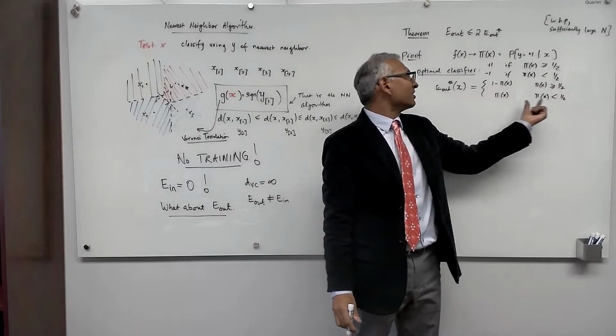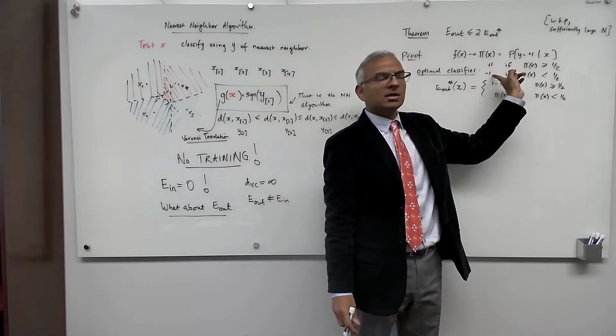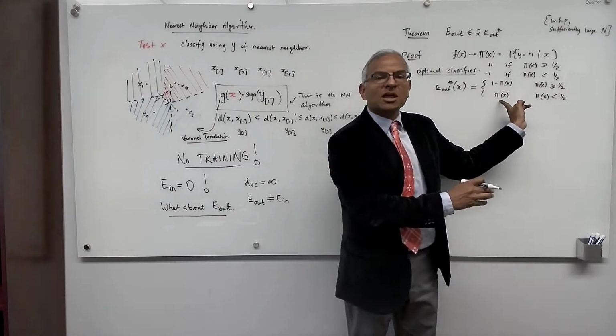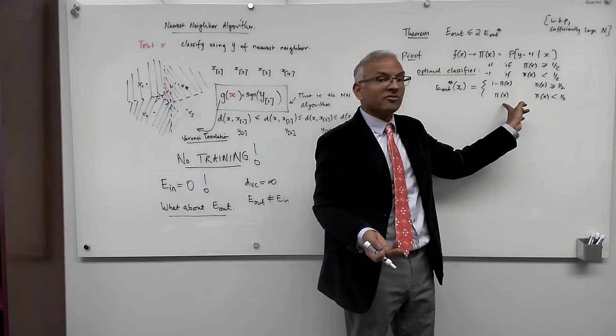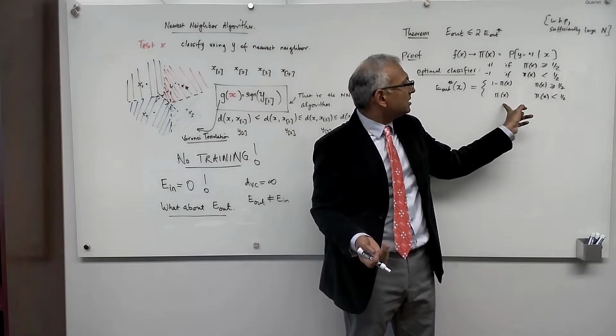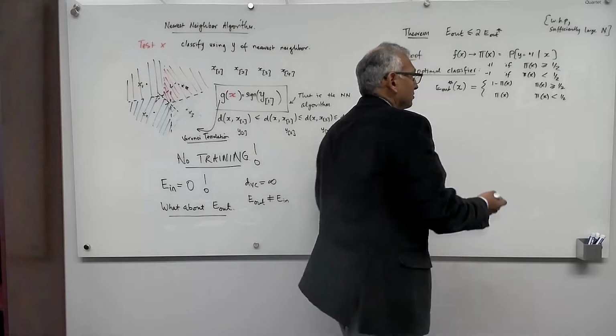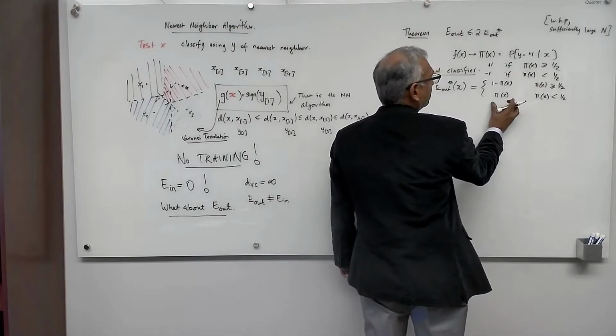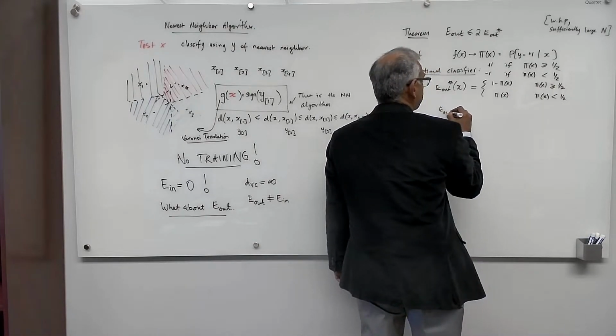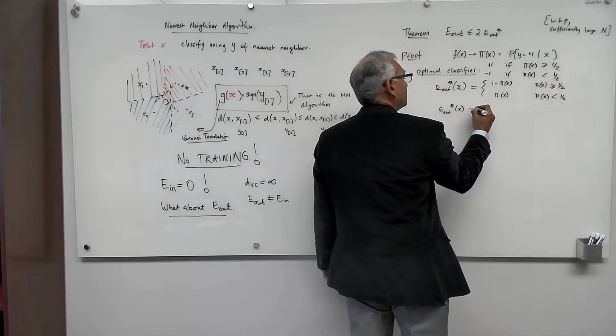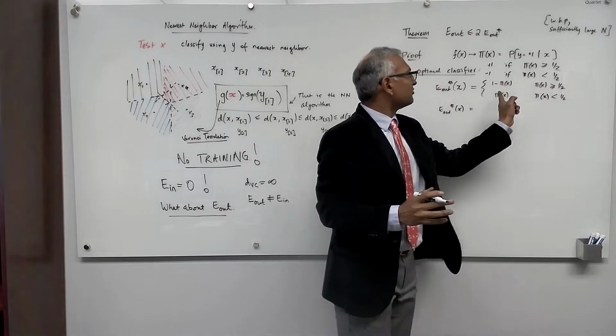Because if pi of x is less than a half, you say minus 1, and with probability pi of x, it's going to be plus 1. So your probability of error is pi of x. You can see that in either case, the probability of error, E out star of x, is equal to the minimum of these two.